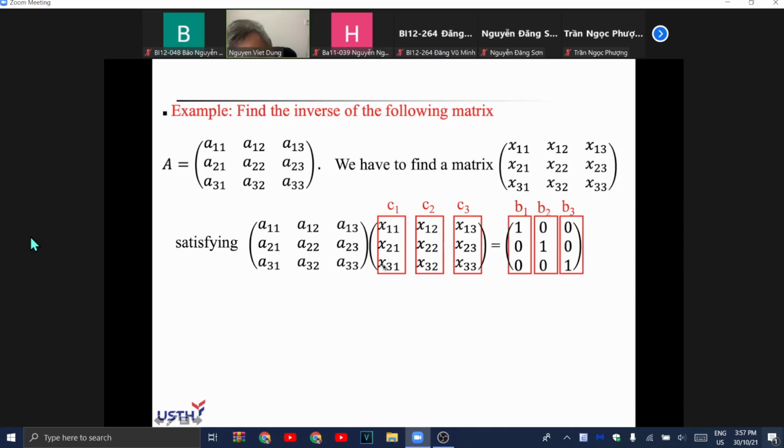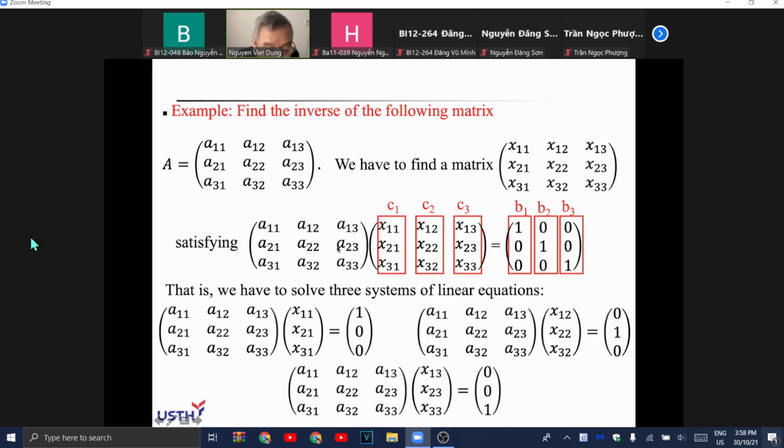Now, if we multiply the left-hand side, we get the following. If we multiply A by the first column C1, you get B1. If we take A multiplied by the second column, you get the second column here. That is the second system of linear equations.